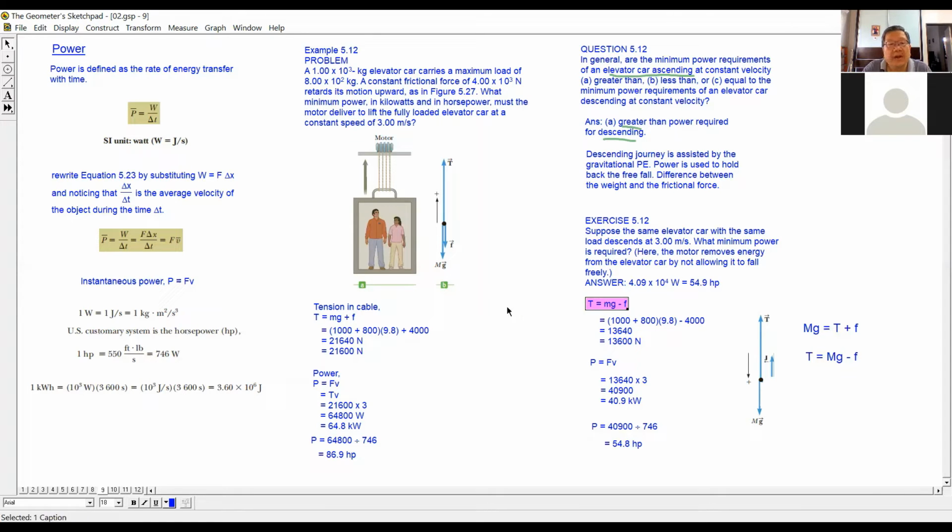Now if you compare it with the earlier case, the tension in the cable is mg plus F, but when it's going down, it's mg minus F.